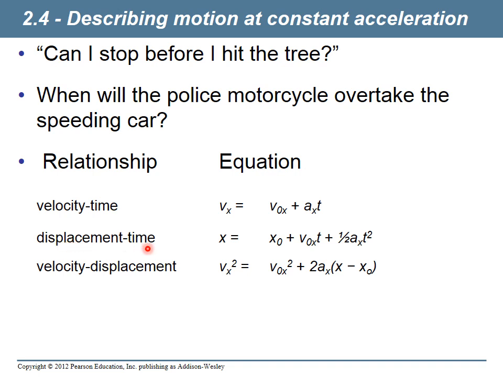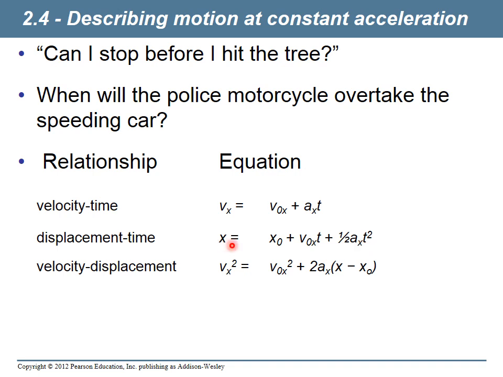Similarly, if we have a relationship between displacement and time, x is our linear displacement, and this is equal to x naught, our initial position, plus the starting velocity in the x direction, v naught x, times the time, how fast it was going times how long it was going, plus 1/2 of the acceleration in the x direction times the time squared.